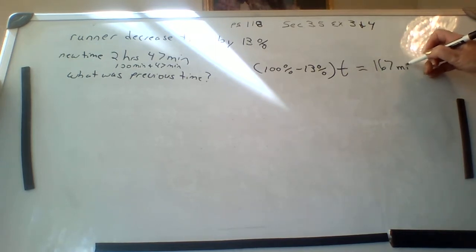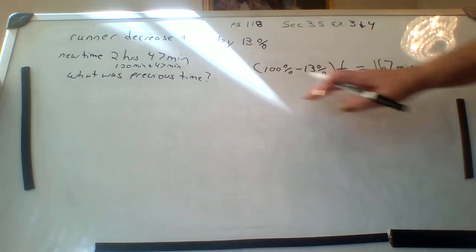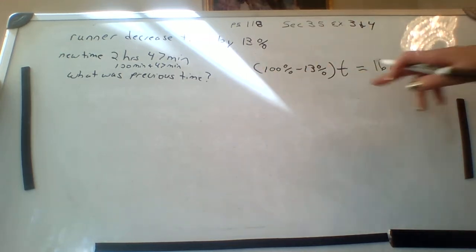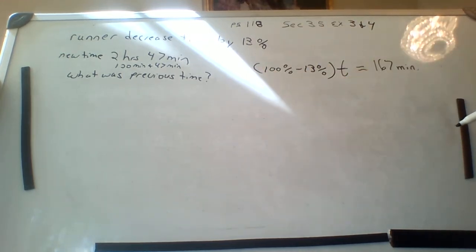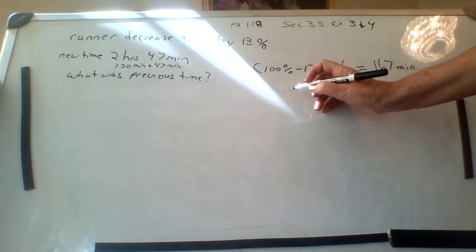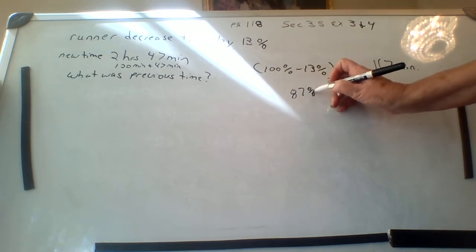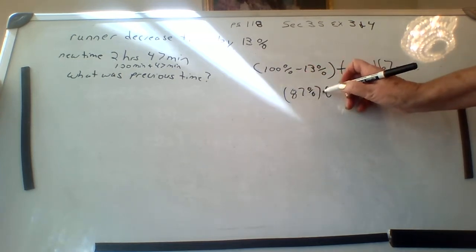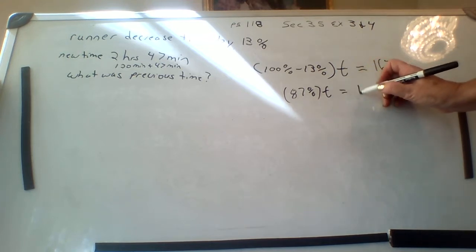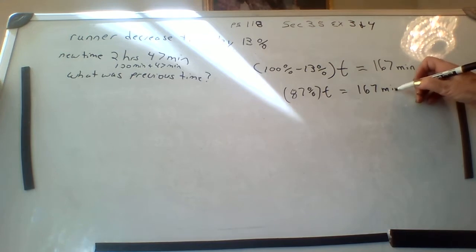So now we're talking about the same units here. So now we have an equation that we can solve for the unknown. This is going to give me 100% minus 13% is 87% times whatever the new time is. Or not the new time, the old time.